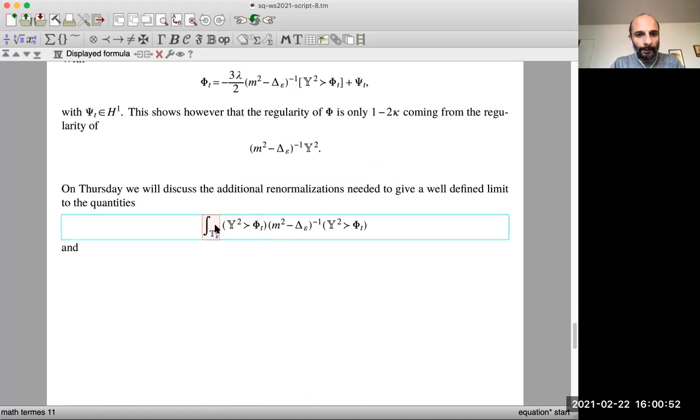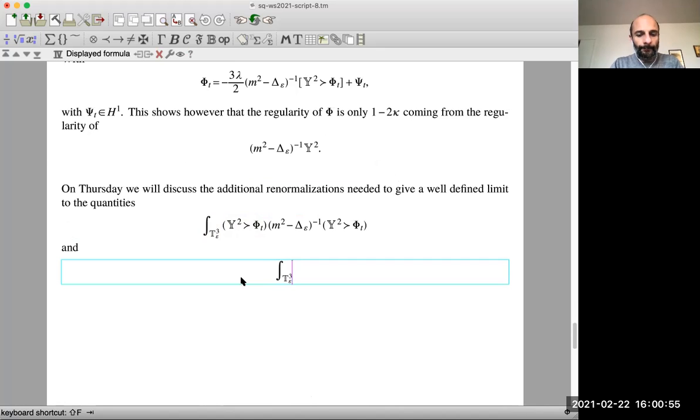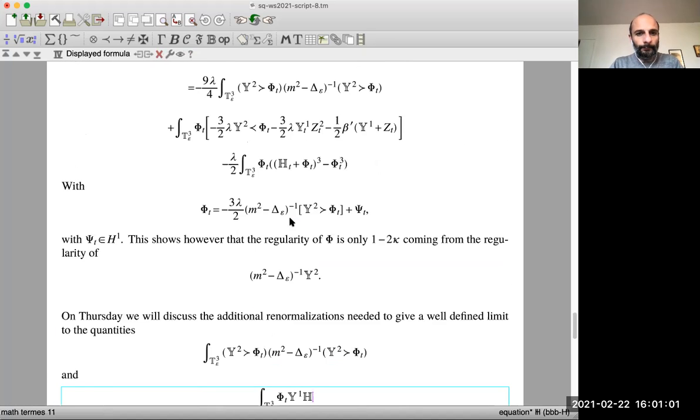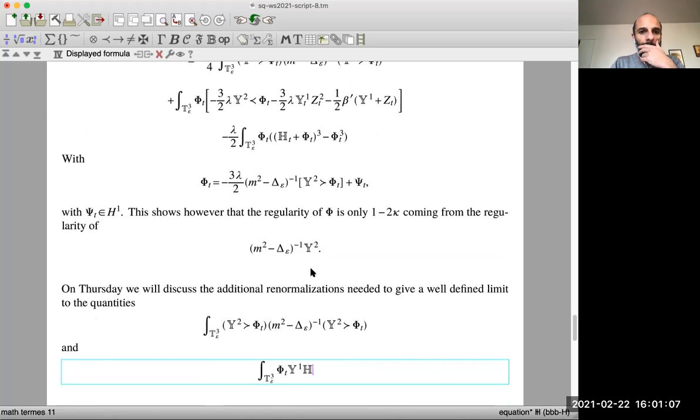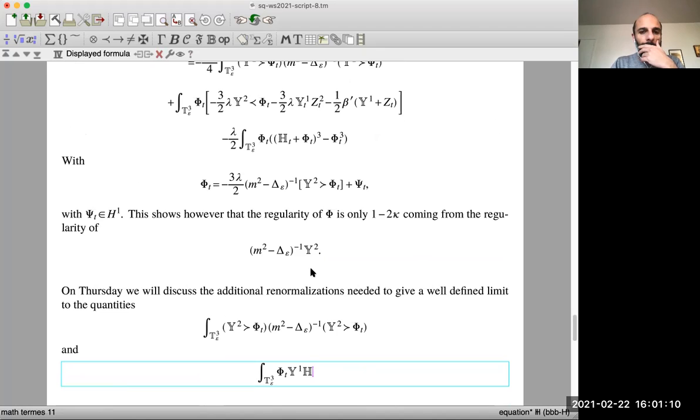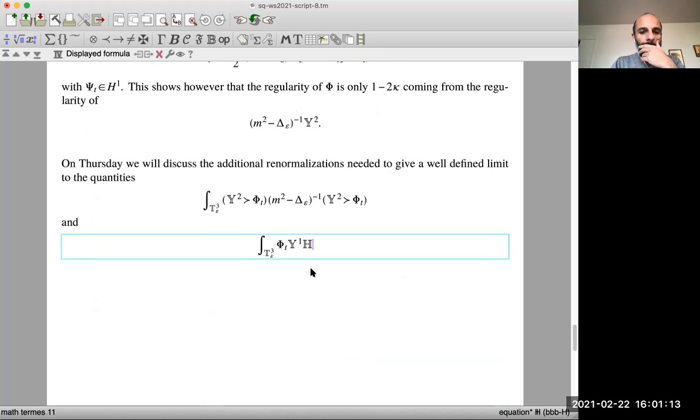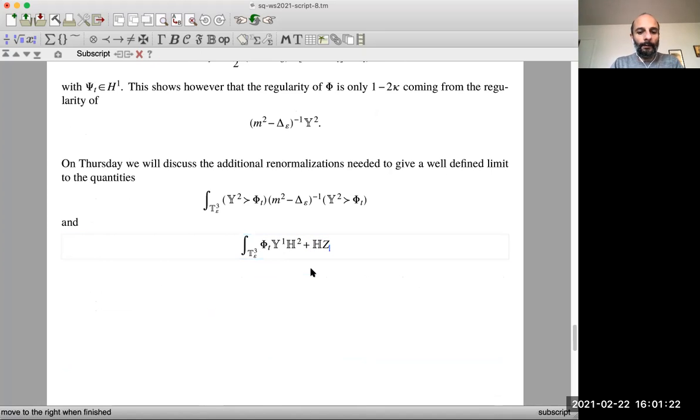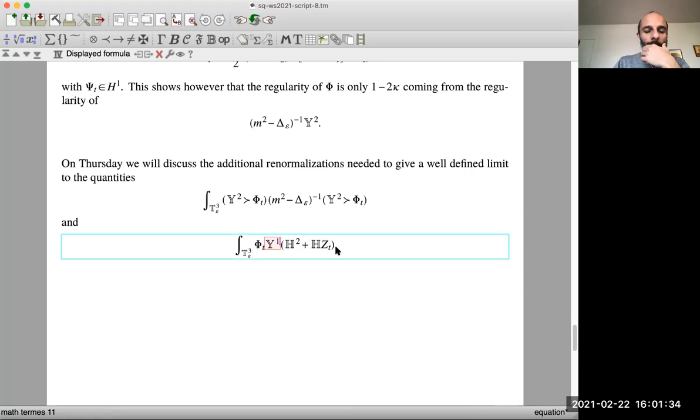So the other quantity is like the integral of phi, and then there were y1h. So here there will be h square and then h z t. Okay, so these two quantities are not very good because you see this has irregularity just above 1/2 and this is below 1/2.